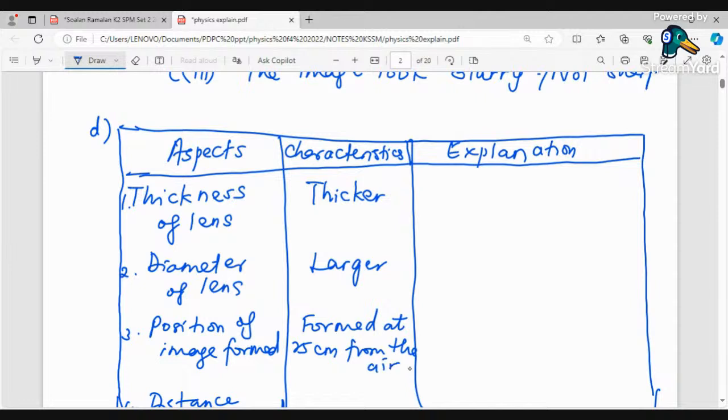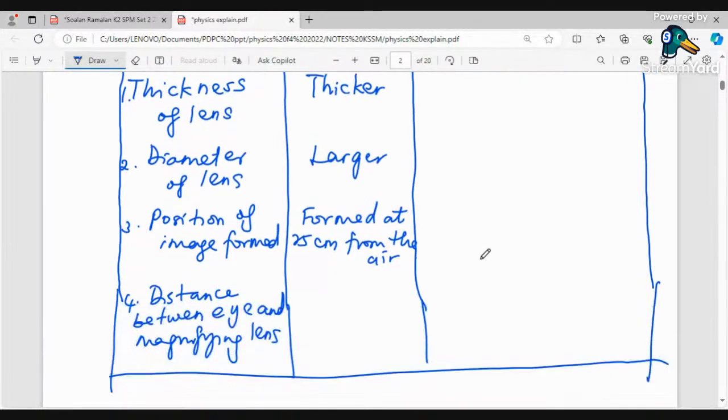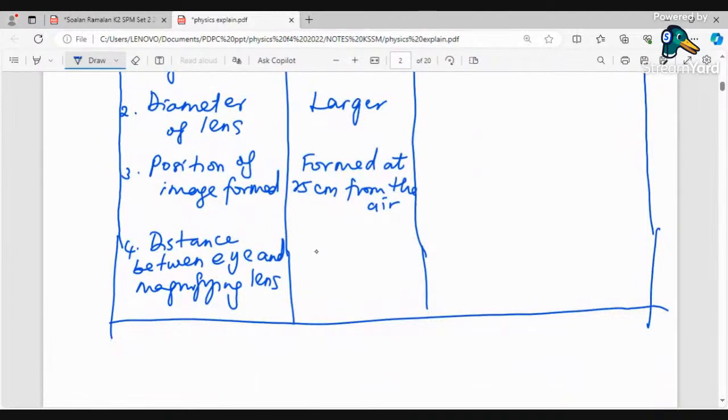Ini normal adjustment untuk nampak sharp, okay, sharp image. Distance between eye and magnifying glass, you boleh tulis close ataupun less than focal length of the lens.